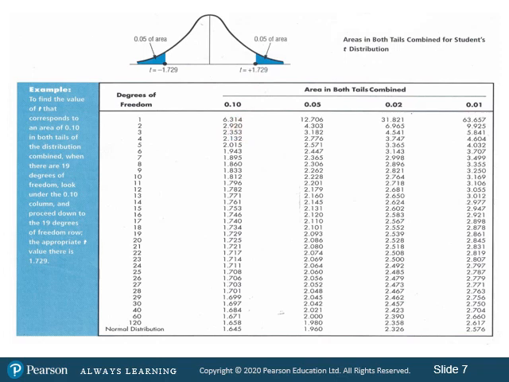And if your alpha value is 1%, you will look at this column. The degrees of freedom is given here. It will start from 1 to 60, and after 60, between 60 and 120, you can use the 120. And if your sample size is more than 120, the t distribution will follow the normal distribution.